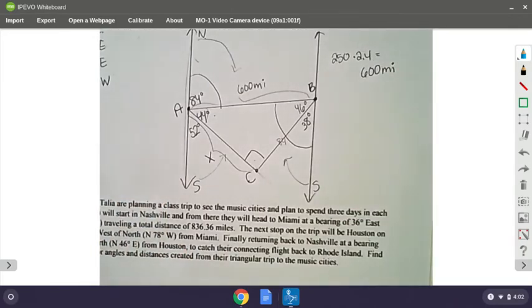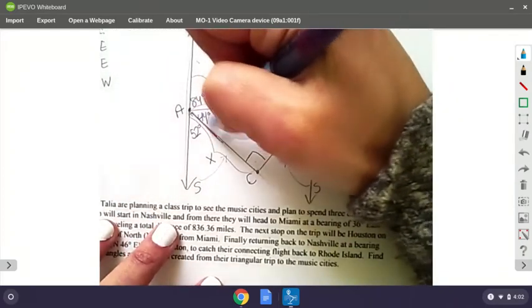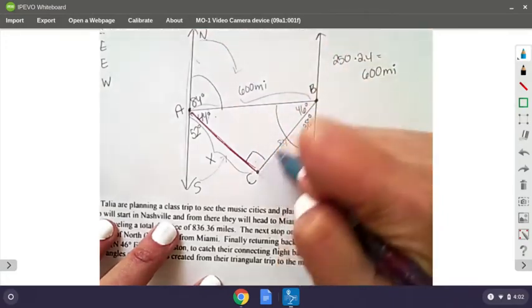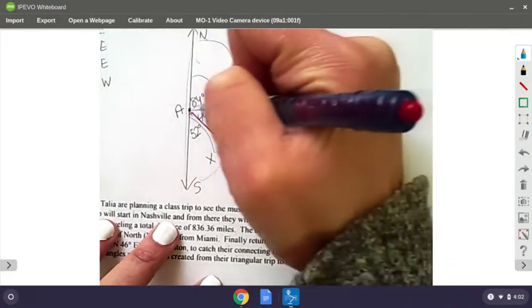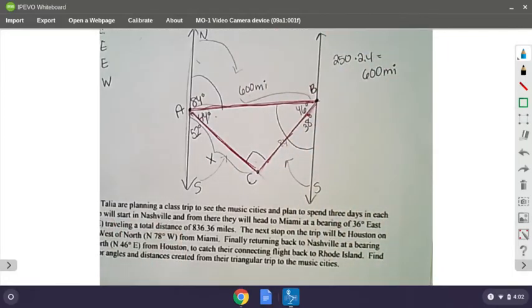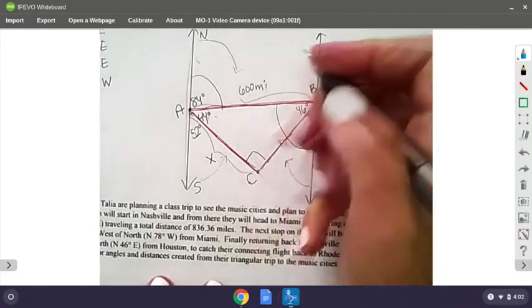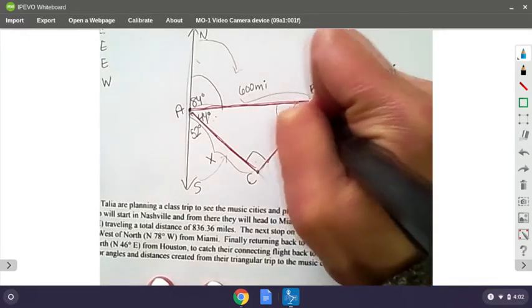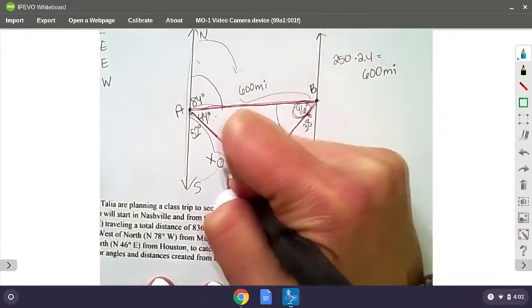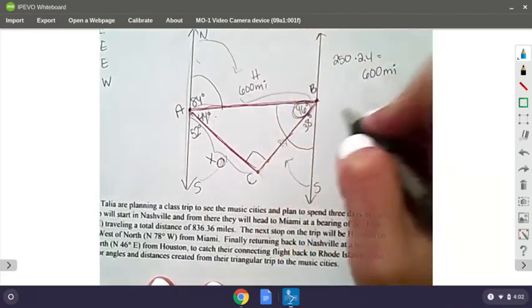Okay, so I'm going to trace the triangle that we're focusing on just to make it pop a little bit. You could erase all these little arrows that you draw just to figure out which direction you're going. Now if we're going to find X, you can use either the 44 or the 46. It doesn't matter. I'm going to use the 46. This is opposite, this is hypotenuse, so it's going to be sine.